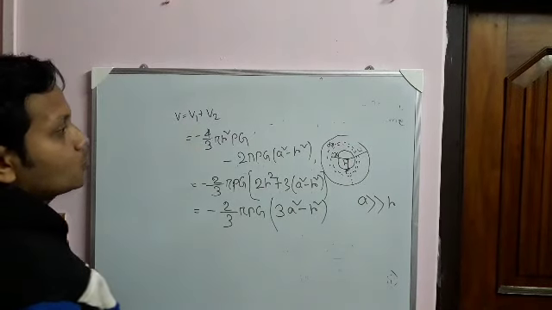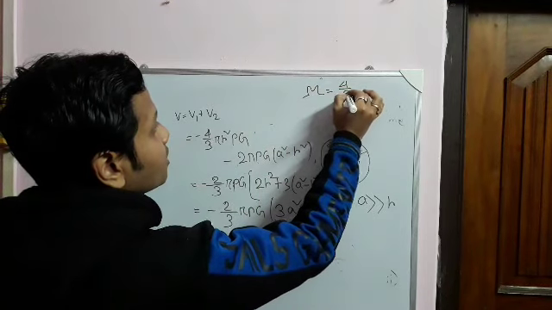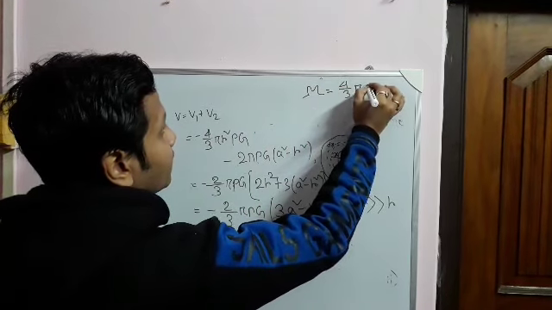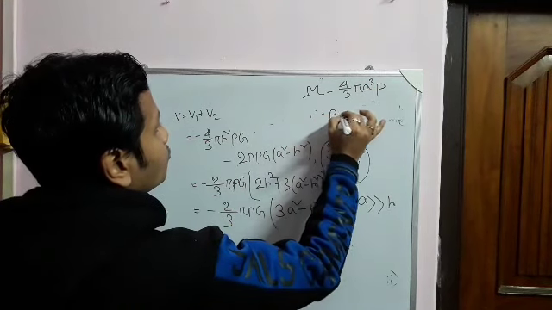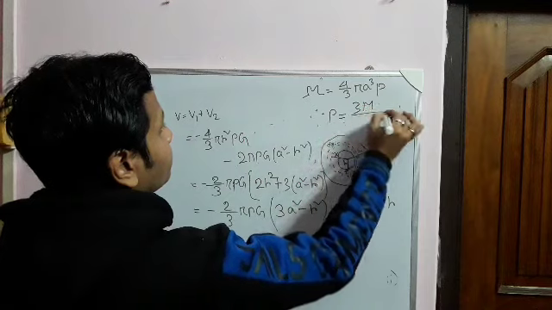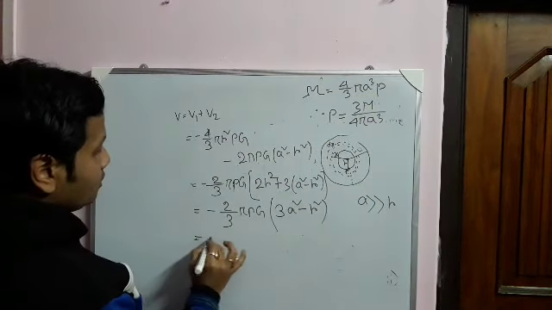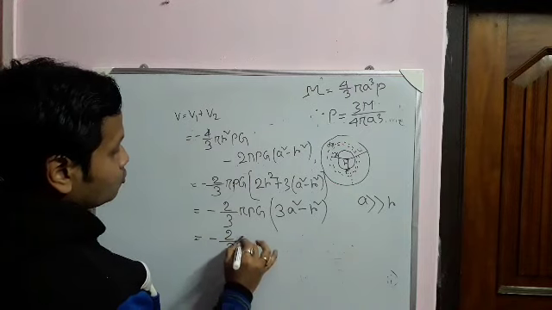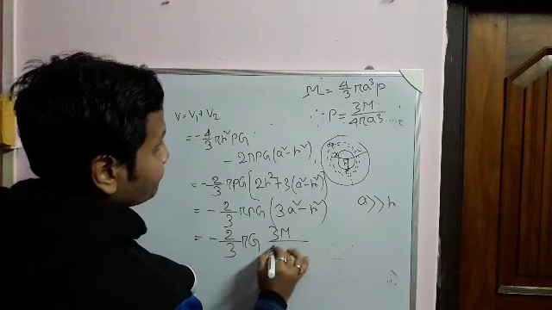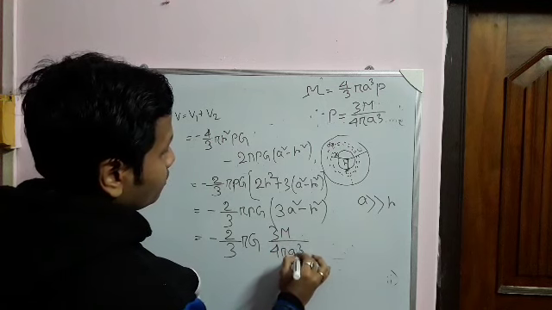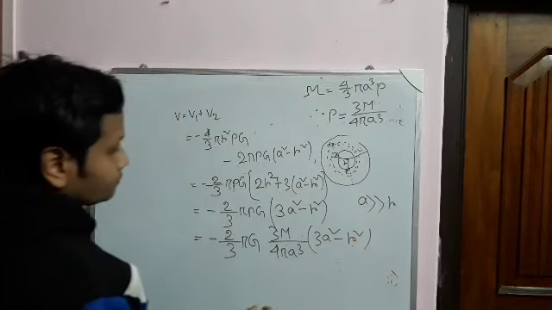Now what will be the entire mass of the sphere of radius a? It is 4/3 pi a cube rho. From this we can substitute the value of rho, which is 3m upon 4 pi a cube. So we get minus 2/3 pi g times 3m by 4 pi a cube into 3a square minus r square.